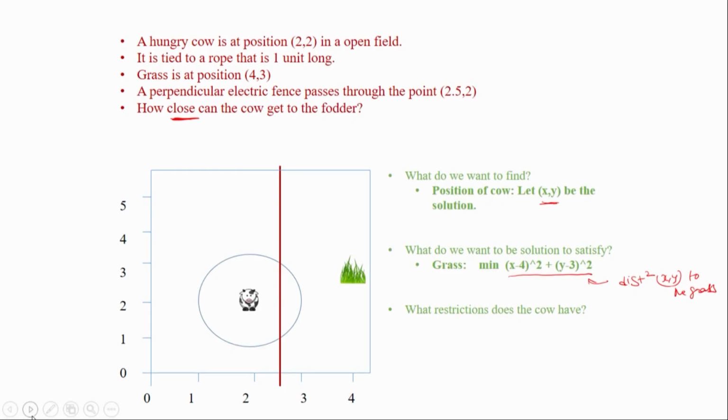And what restrictions does the cow have? Somebody said there are two restrictions, and let's formalize that also in a mathematical way. So the first restriction would be, there's a rope constraint, right? So what is the rope constraint?